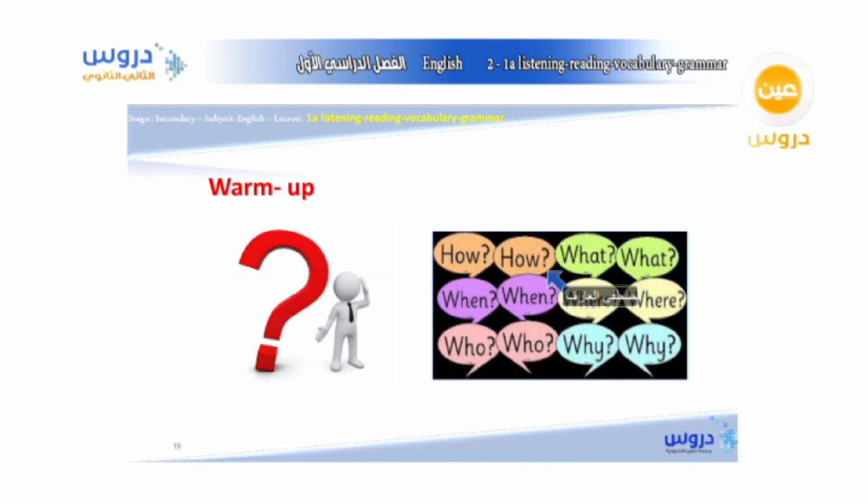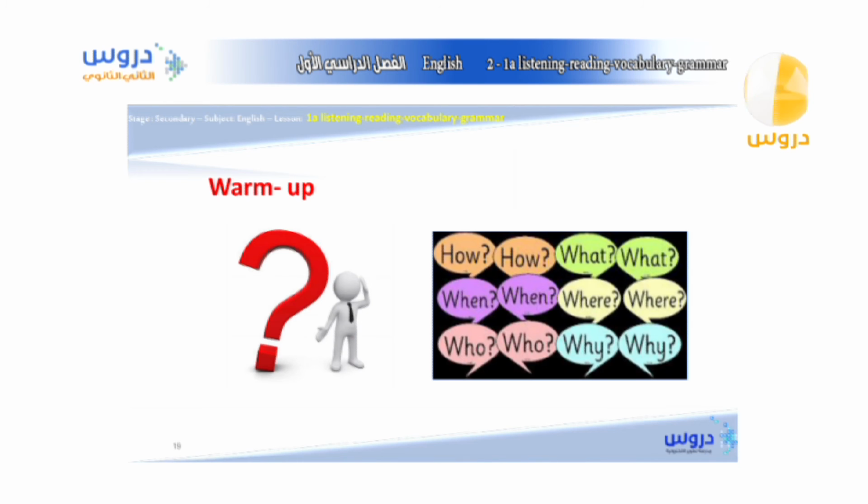How is to ask about the way, what to ask about things, how things happen or feel, when is about time, and where is about place, and who is about people, and why is for a reason. So how is about the way, what to ask about general questions, when is about time, or days or dates, where is about place, who for people, and why for a reason.